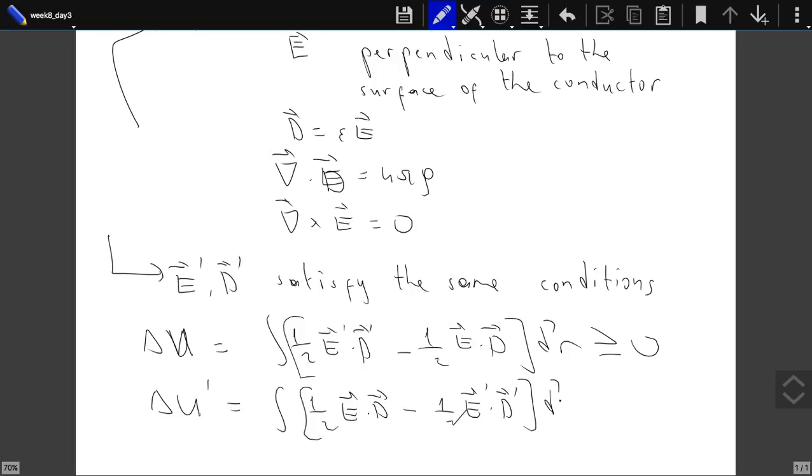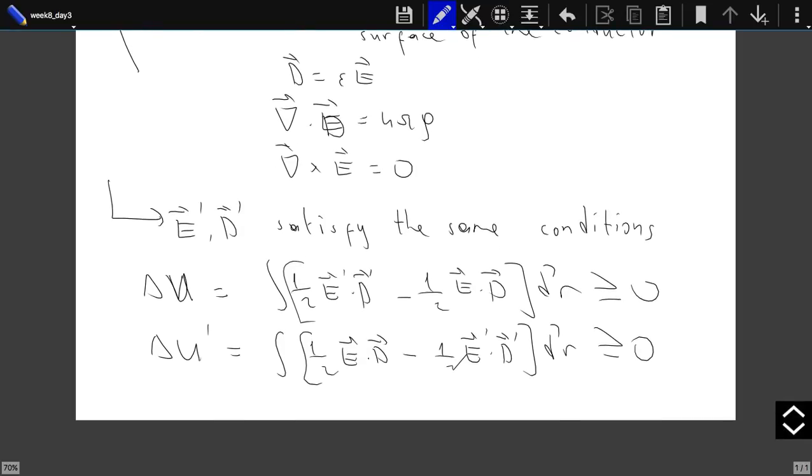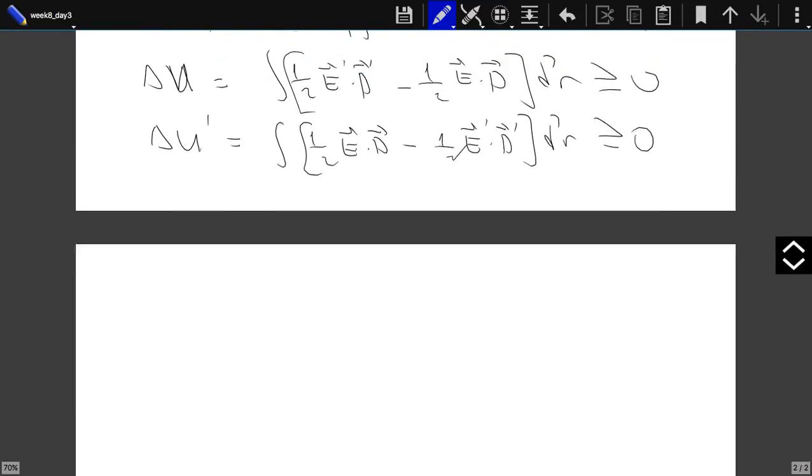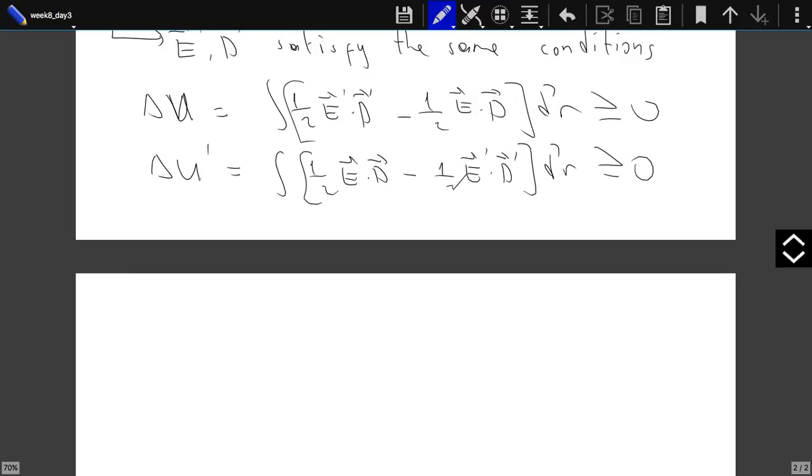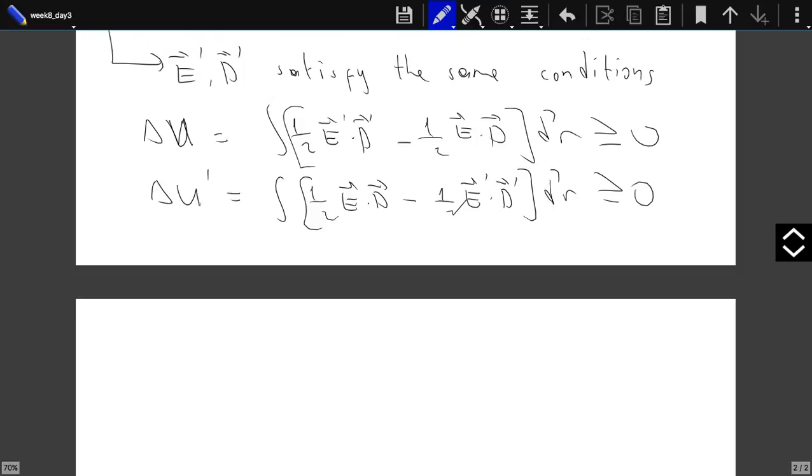This is also greater than or equal to 0. And hence, this delta U has to be 0.